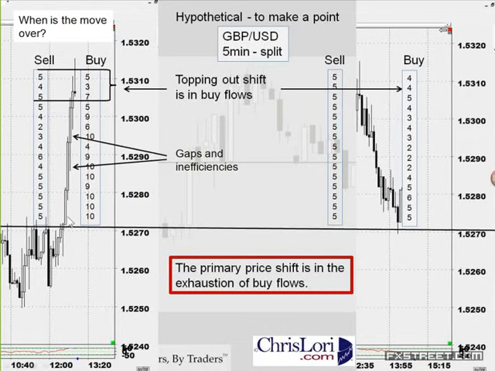Okay, so we are looking for these price spikes not only in the shorter time frame, but we are also looking for relative inefficiencies on the higher time frames. So, for example, when price spikes up, we're looking for defined levels, and let's just say they're just support and resistance levels.